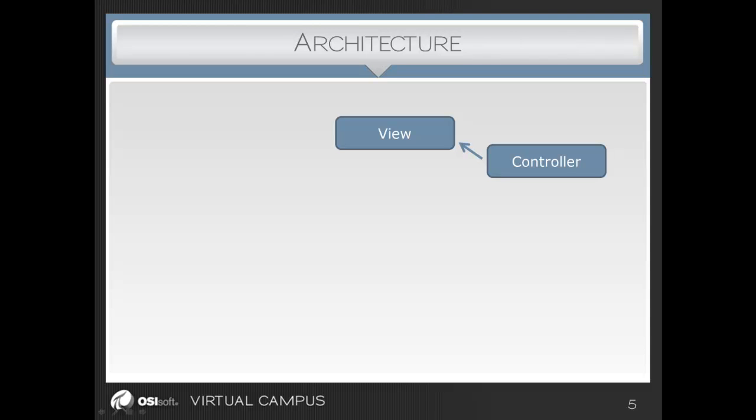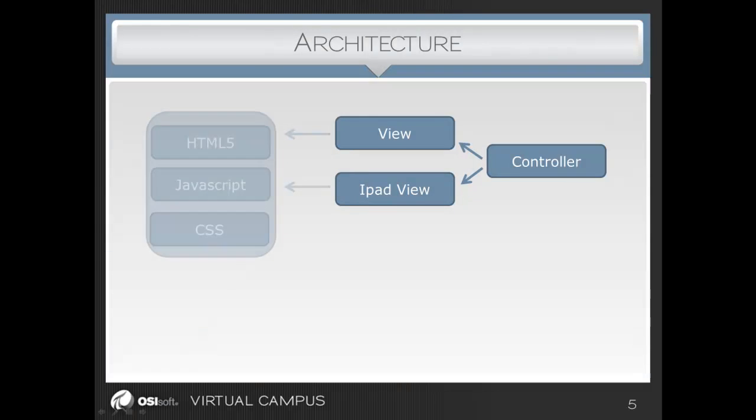In this case, we're distinguishing between who requested the page. So we also support iPad, where the difference really is that it serves up some different CSS. It has different proportions because the iPad screen is a bit smaller, so you want to have different proportions to allow for better user interaction on an iPad.